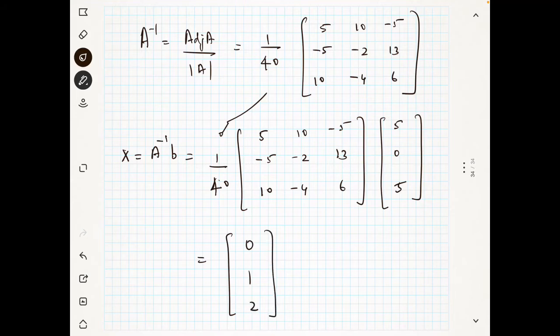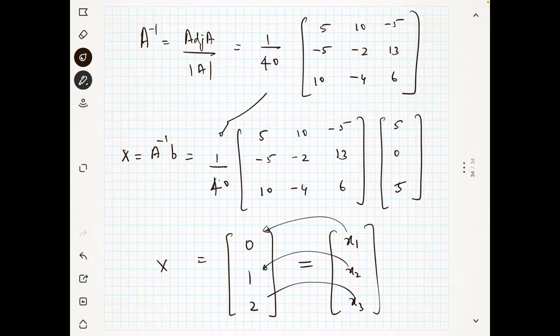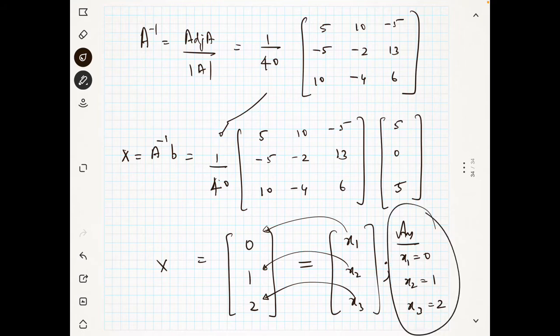This is nothing but your x1, x2 and x3. So that means your x1 is 0, x2 is 1 and x3 is 2. So this is your answer. This is how to solve this kind of problem by using the matrix inversion method.